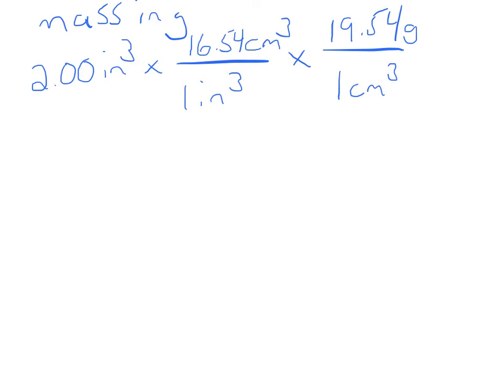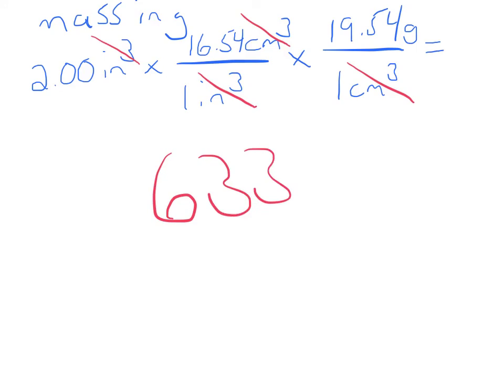And that's just the density. And so now we can solve. We cancel out units from numerator to denominator: inches cubed, centimeters cubed, centimeters cubed. And so now we're just left with grams. If we calculate everything in the numerator divided by everything in the denominator, we get 633 grams.